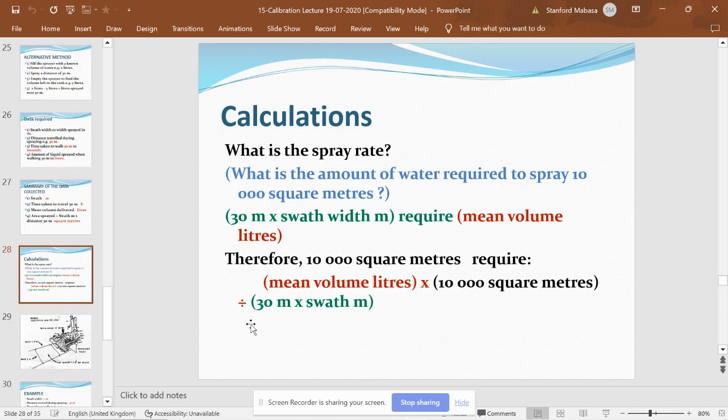Therefore, you want to determine how much water will be required to spray 10,000 square meters or 1 hectare. This will be mean volume in liters times 10,000 square meters divided by the area which you covered when calibrating the sprayer, 30 meters times swath. I hope this is clear enough.